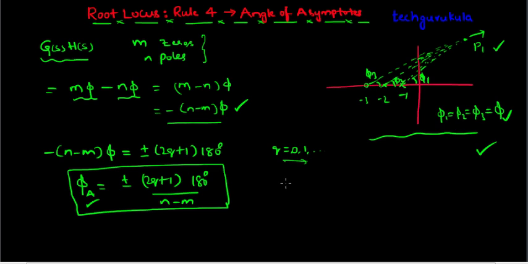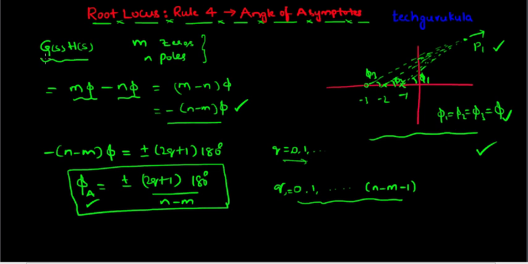So it means q can take values 0, 1, and so on till n minus m minus 1, because these are the number of branches of the root locus which are tending towards infinity, or terminating at infinity.